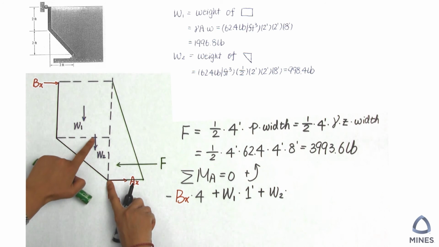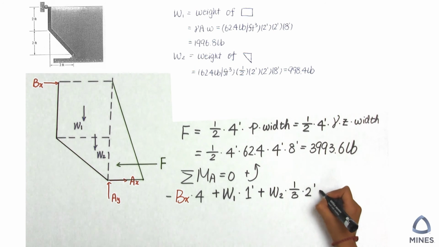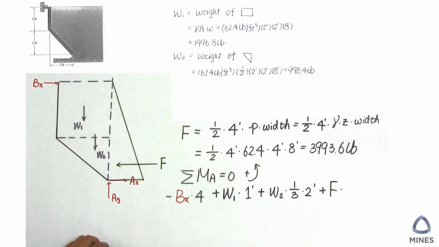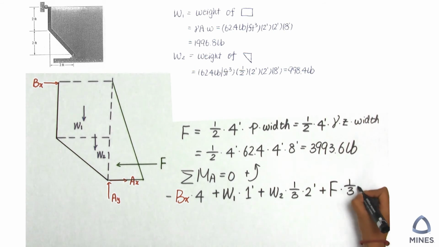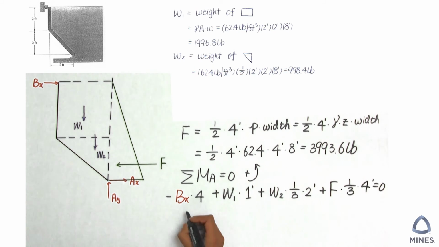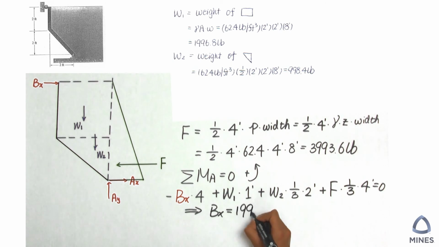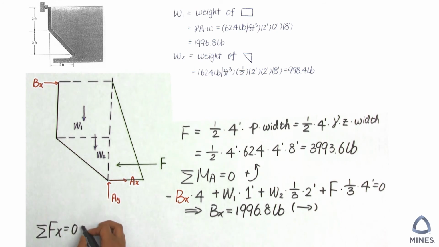From A to W2, that's going to be 1/3 of the overall dimension. From A to F, that's 1/3 of the total 4 feet. So in this equation, you should be able to find Bx. And it's positive, which means our assumption is correct.